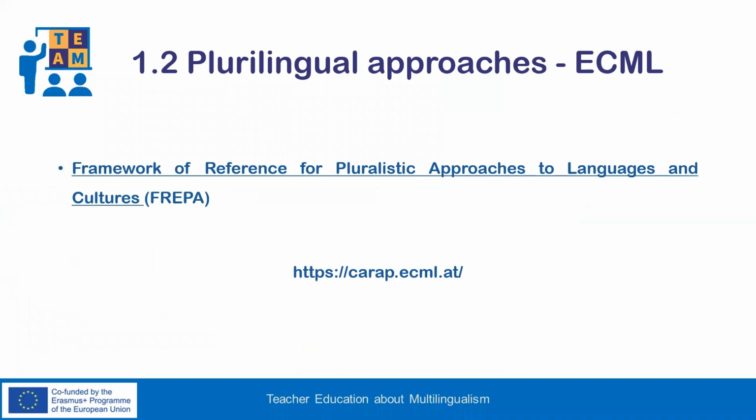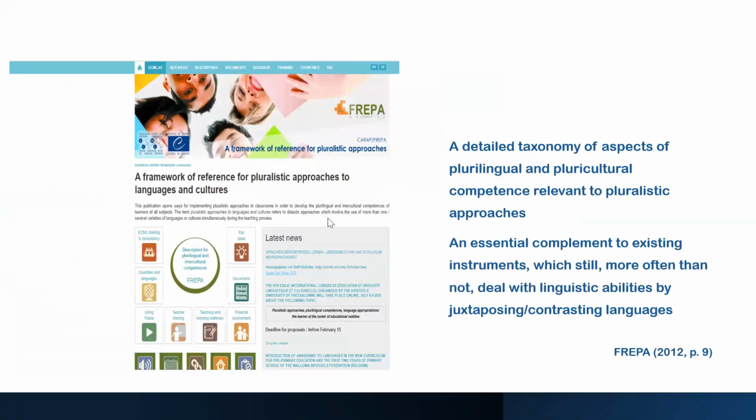A third program, which is interesting, is the Framework of Reference for Pluralistic Approaches to Languages and Cultures. This is a detailed taxonomy of aspects of plurilingual and pluricultural competence relevant to pluralistic approaches.